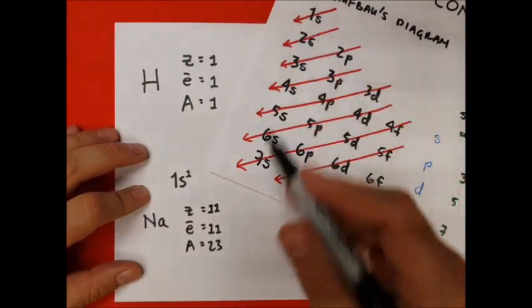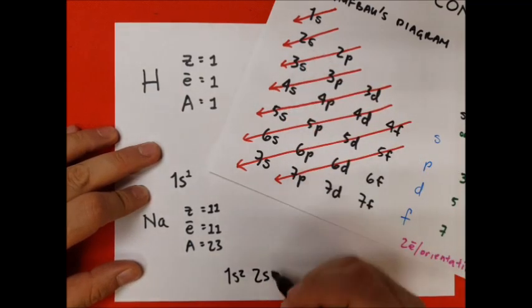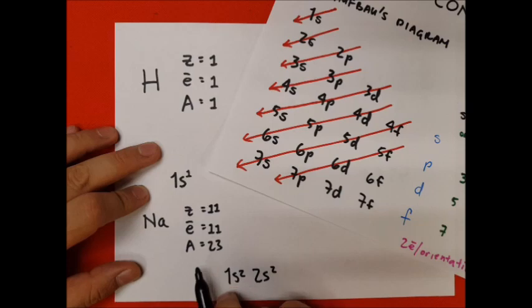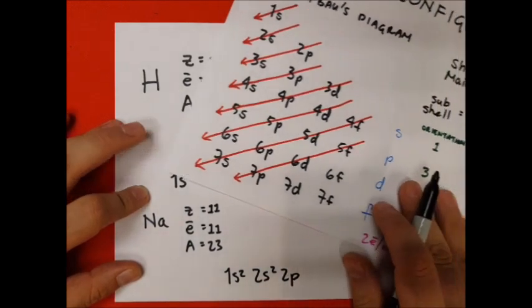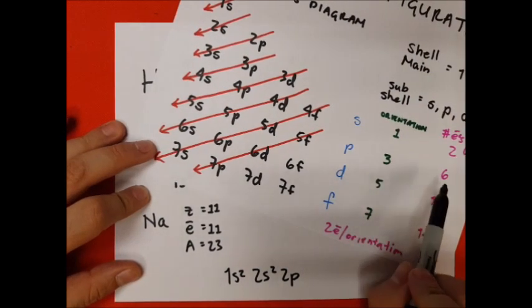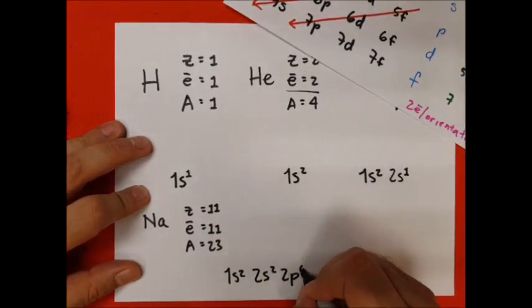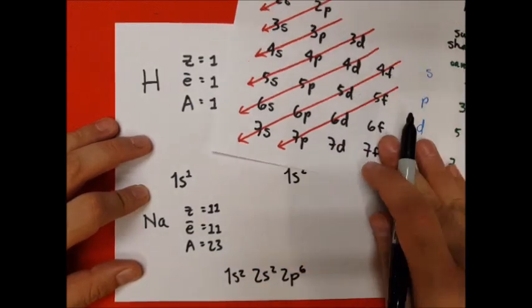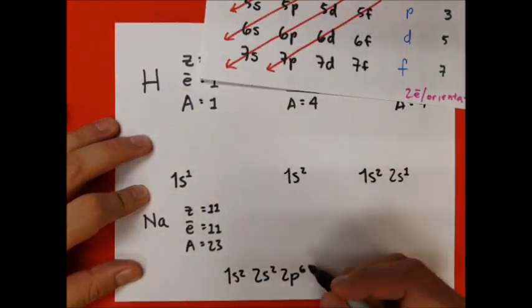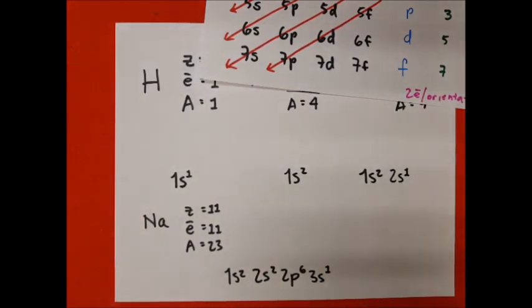We have 1s, which can hold 2, 2s, which can hold 2, and I still need to fill in 7 electrons, so I continue with 2p. According to this, p has 3 orientations, so it can hold 6. 2 plus 2 is 4, plus 6 is 10, and we're still missing 1 electron. So after 2p, we continue with 3s. 3s could hold 2, but we only need 1, and this is our electron configuration.